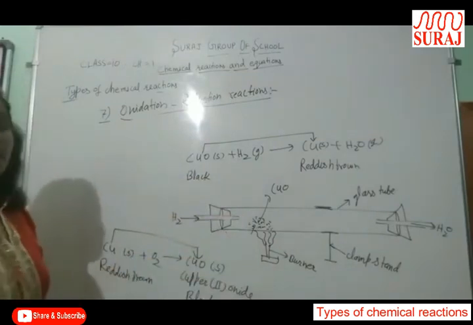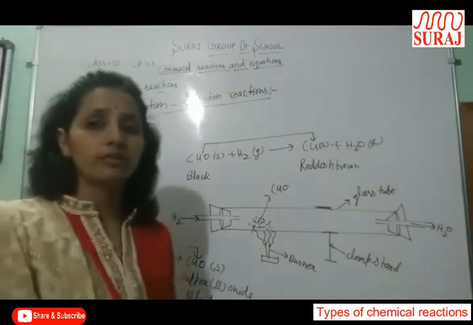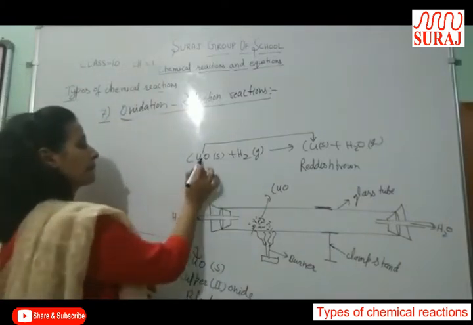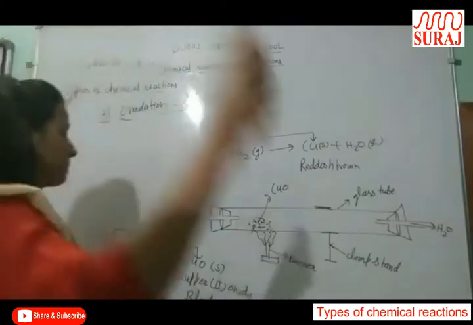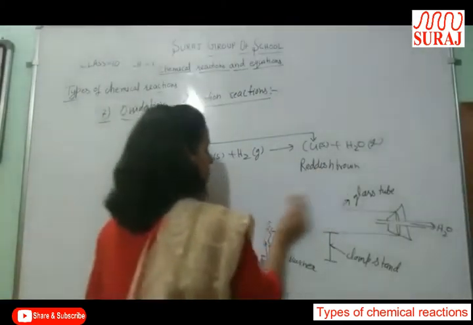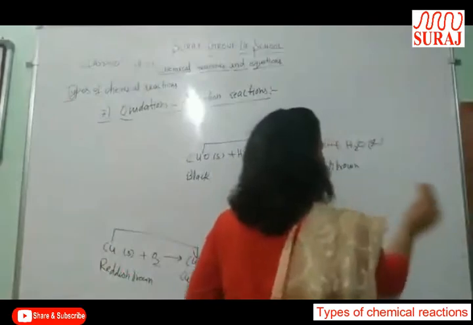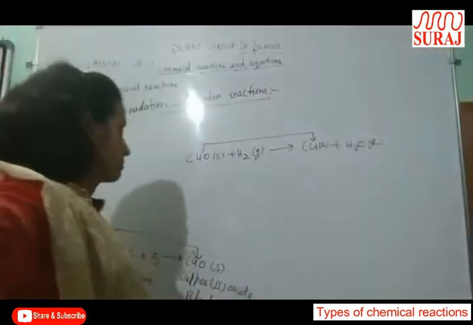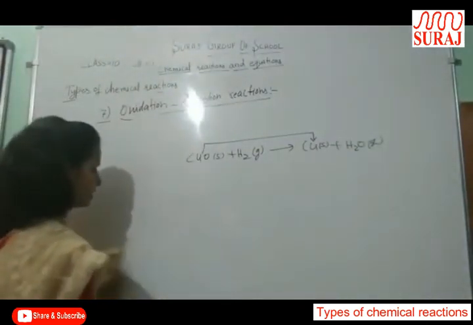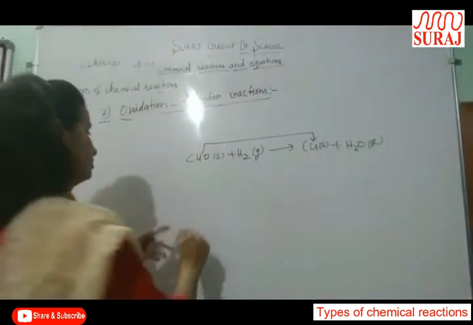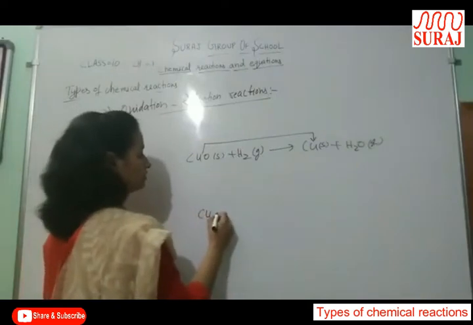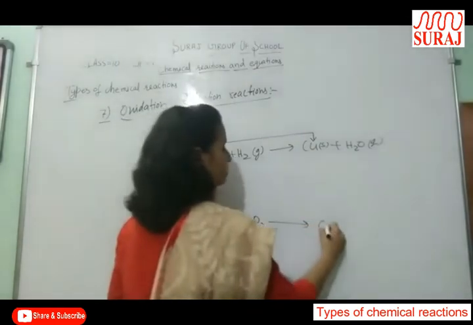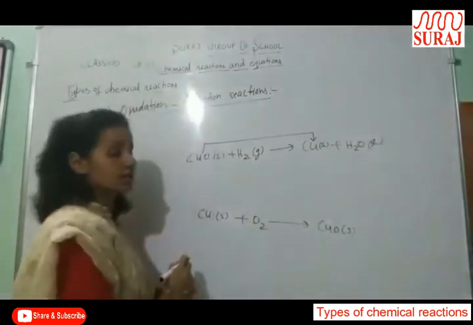Now we can understand the concept of oxidation and reduction from these two reactions. We can write both the reactions. Copper in solid state reacts with oxygen to give copper oxide, which is in solid state.